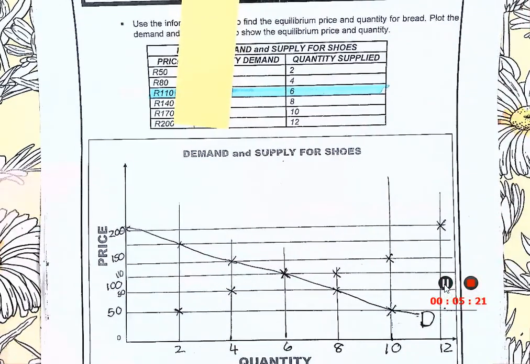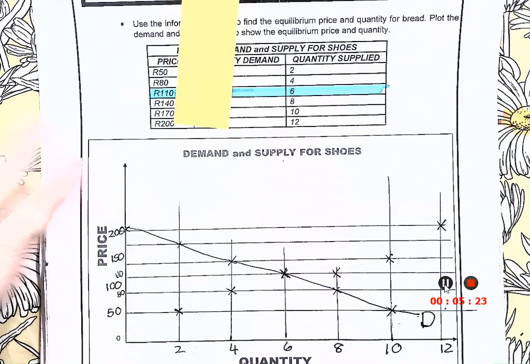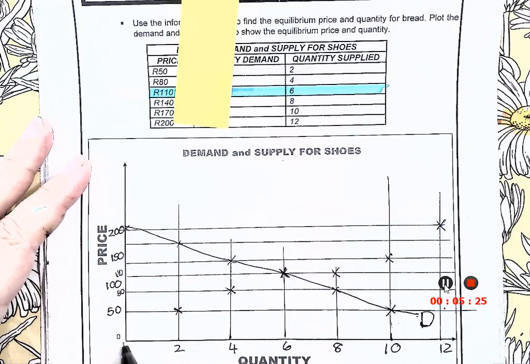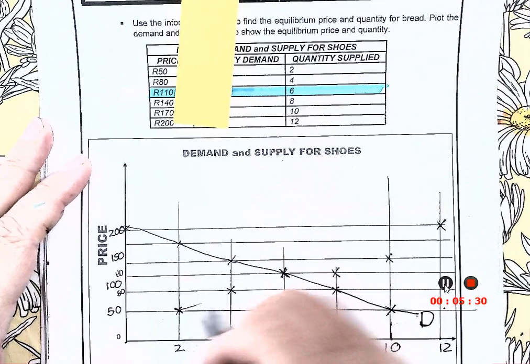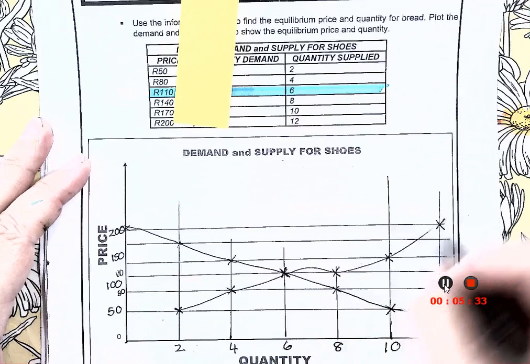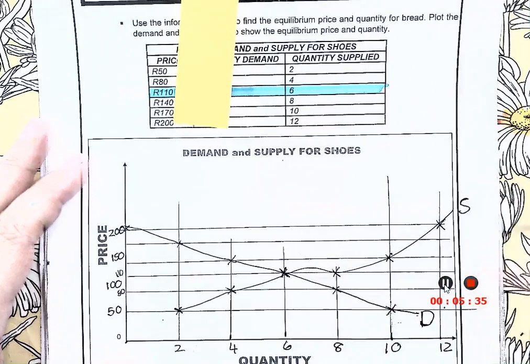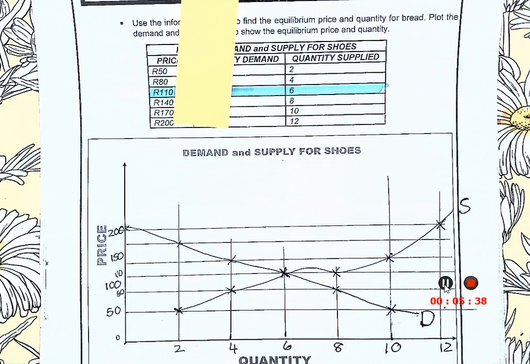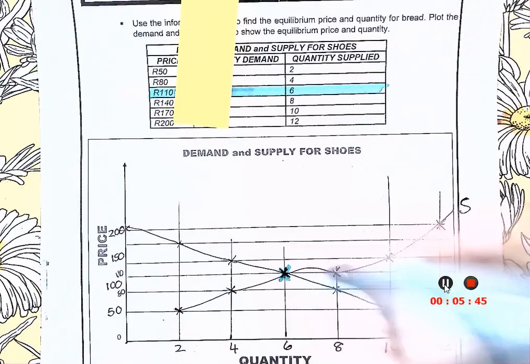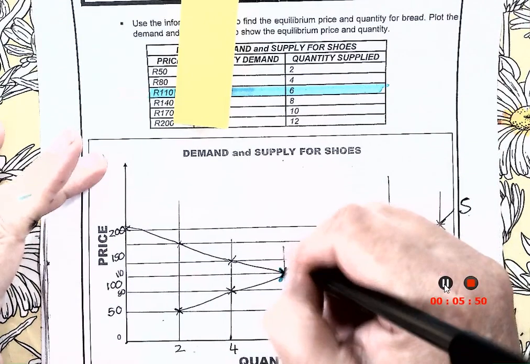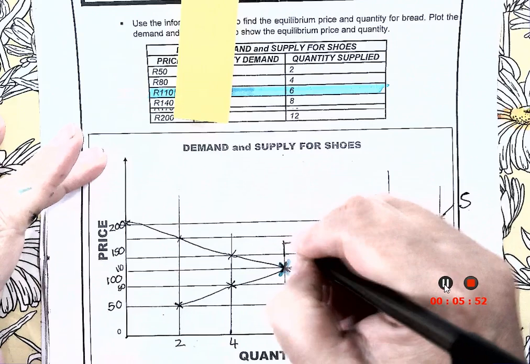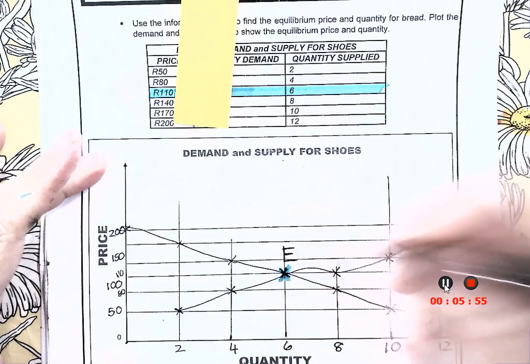And now I'm going to go. There's no 0, so I'm not going to start at 0. I'm just going to start here. Can you see? And now where it goes across, I'm going to put an E. The E stands for equilibrium.